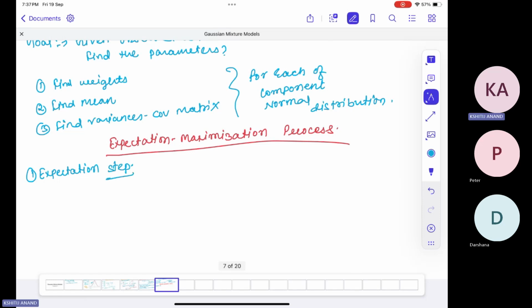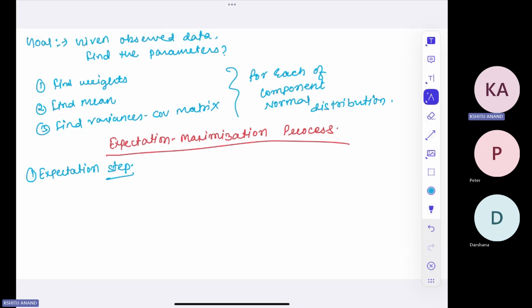In the expectation step, you calculate something called responsibilities. Let me tell you what these responsibilities are, and you will understand it in detail, so you don't have to worry about it.